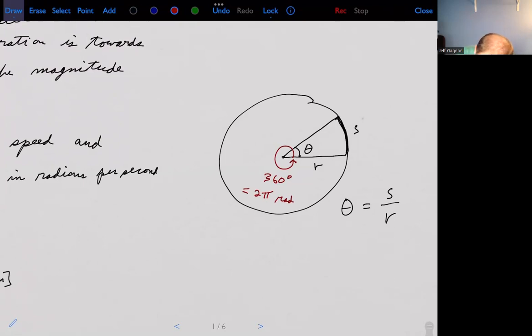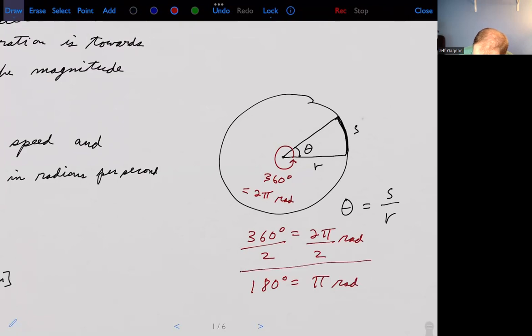So if we know that 360 degrees is equal to 2 pi radians, we can use that as a unit conversion factor. In fact, usually what people do is they divide this by 2. And they say 180 degrees is equal to pi radians. Okay, so if you know your angle in degrees, then you can always convert to radians.